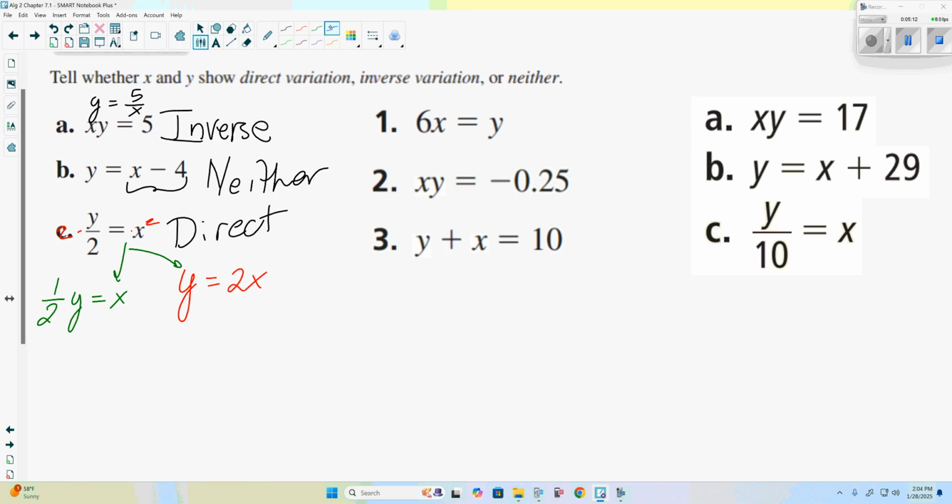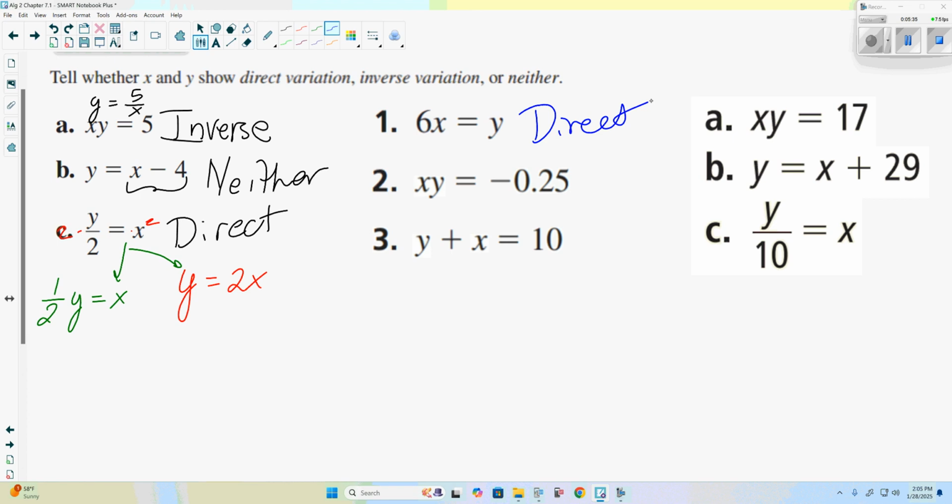Let's look at the middle three. Number one, 6x equals y. This would be direct, because y equals a times x; ax equals y, it just has it flipped. Does it make sense why one is direct? Let's look at number two.